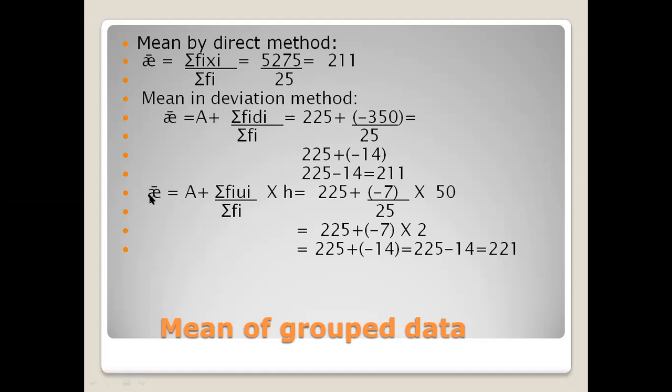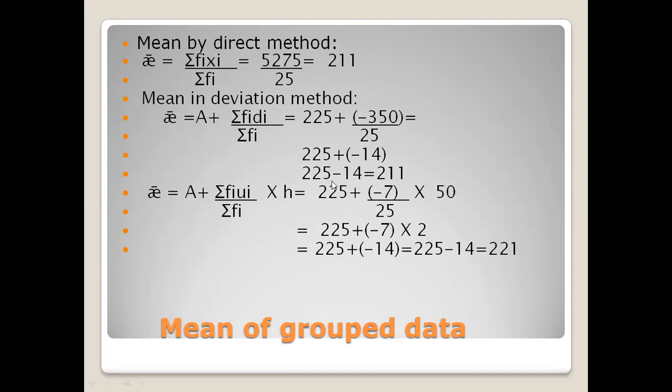Then x bar, that is mean in step deviation method. The formula is x bar is equal to a plus sigma fi ui by sigma fi into h. So a is 225 and sigma fi ui value is minus 7 by sigma fi value is 25 into h, size of the class is 50.